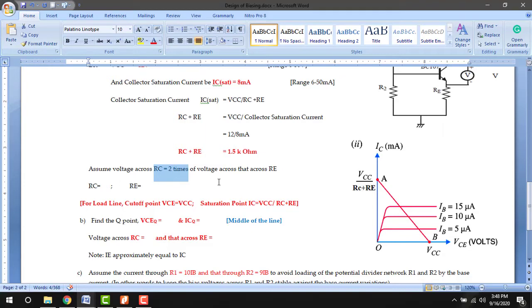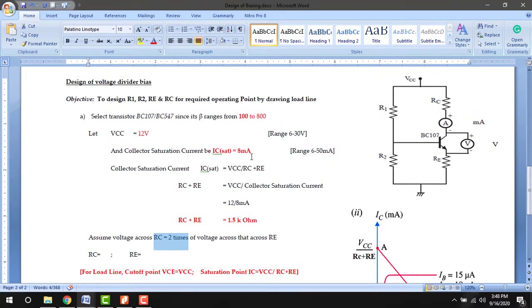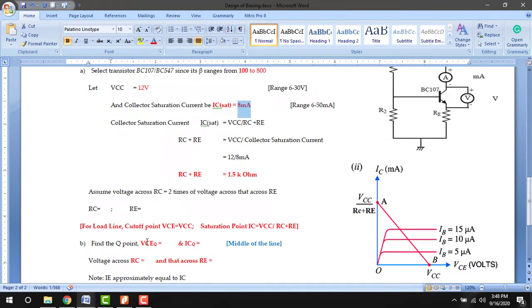So here the current is 8 milliamps, and RC plus RE is 1.5 kilo ohm. Otherwise directly we can choose the voltage drop across RC as 2 times and RE as 1 times, so that we can directly write the RC value as 1 kilo ohm and RE as 0.5 kilo ohms.